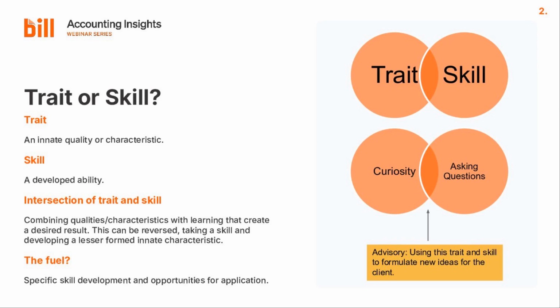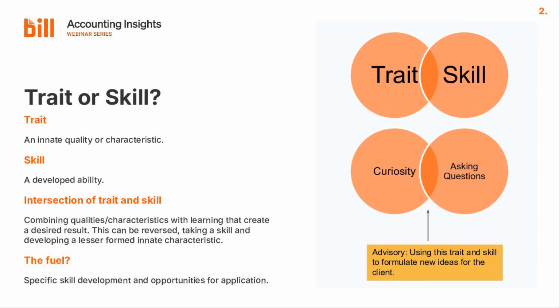A trait at its core is an innate quality or a characteristic. In my example here, I have listed curiosity as a trait. It's something an individual might bring to the table as a quality that they already possess. So I want you to hold on to that for just a moment. And then a skill is an ability that we develop.